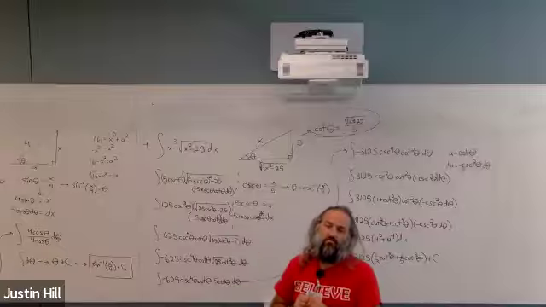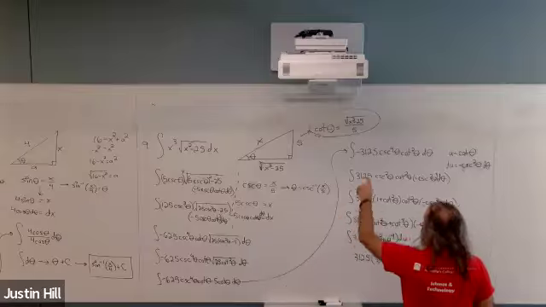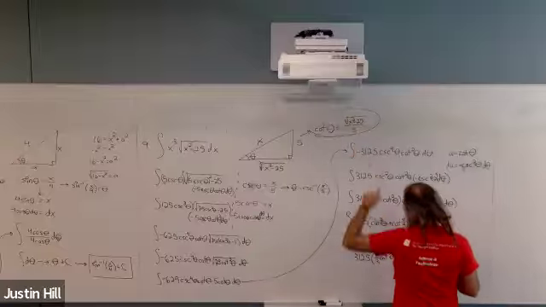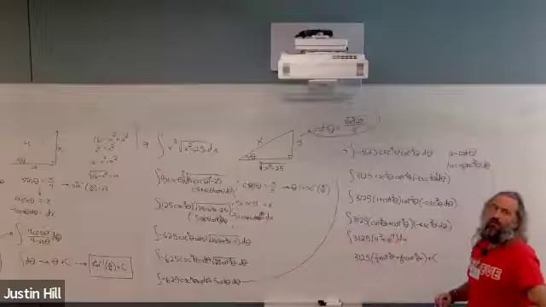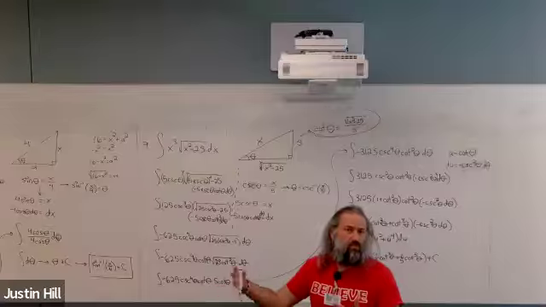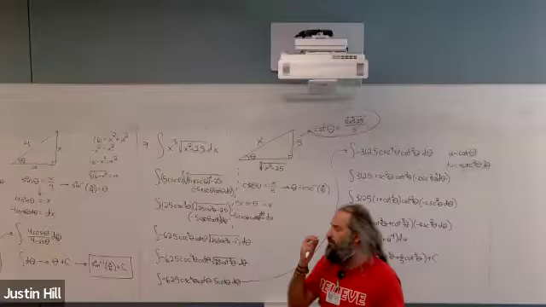So it ends up being simpler to replace cotangent theta with this, because then I can do algebra from there and end up with a much simpler algebraic expression for my answer.